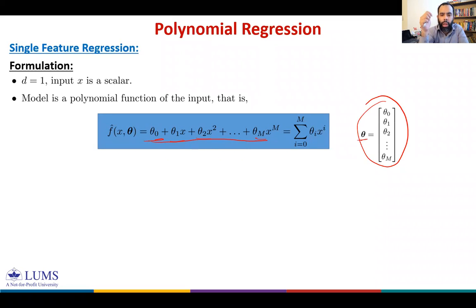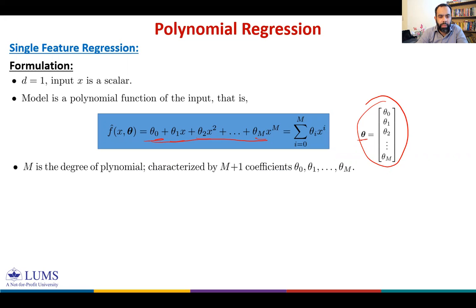So the model is capturing structure. The structure is polynomial, and the number of parameters is m plus 1. So m is the hyperparameter of the model, because when you change m, you get a different polynomial. So we say m is the degree of the polynomial, and the model is characterized by m plus 1 coefficients: theta naught, theta 1 to theta m.